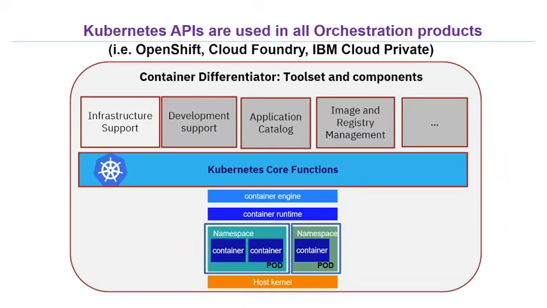And the offerings that you see that are around, like OpenShift, Cloud Foundry, or IBM Cloud Private, these offerings have tool sets now on top of the Kubernetes core functions that are enhancing that functionality. So basically, the differentiator is the tool set. And therefore, OpenShift comes with a different tool set for infrastructure, development, application catalog, and so on.